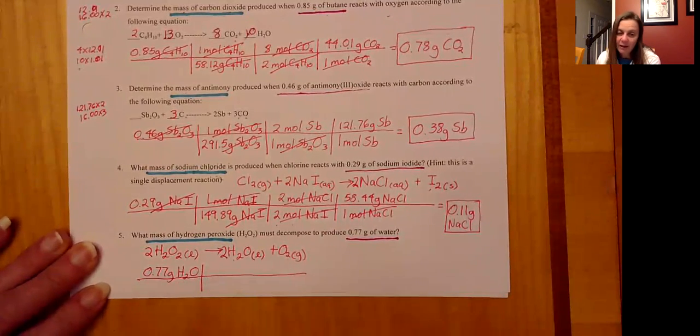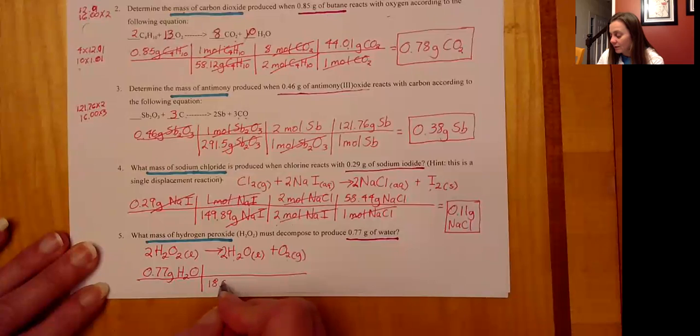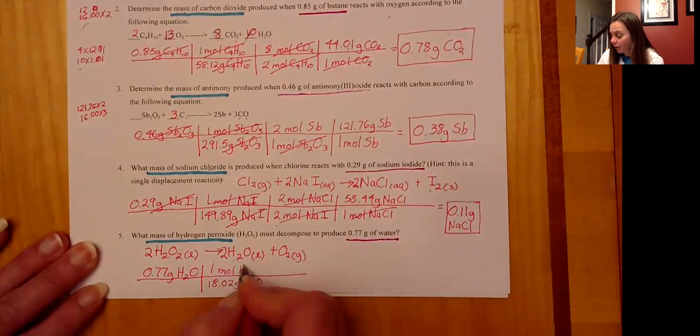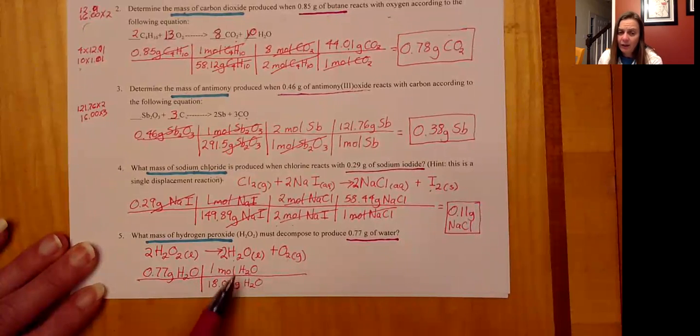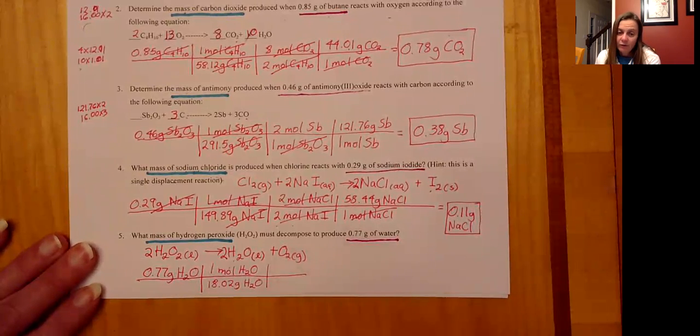So I'm going to look up the mass of hydrogen and the mass of oxygen, and I'm going to add them up to get 18.02 grams of water in every 1 mole of water. And as always, I'm putting the grams on the bottom because I'm starting with grams and moles on the top.